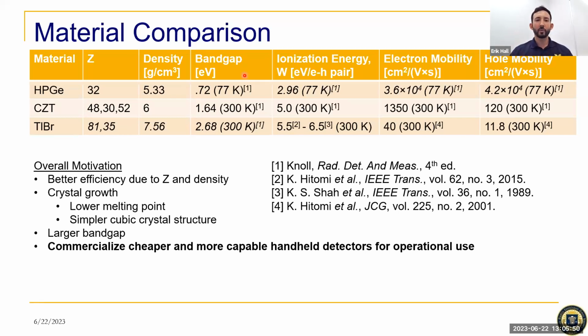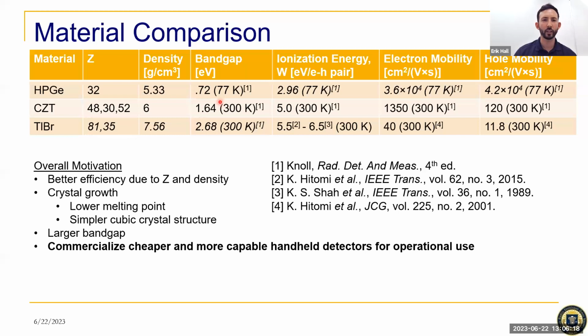If you know anything about high purity germanium, you know that it needs to be cryogenically cooled to about 77 Kelvin in order to be useful as a radiation detector. That's because it has a relatively small band gap of 0.72 eV. At room temperature, electrons can be thermally excited from the ambient temperature from the valence band to the conduction band, which will mask any radiation signals that you'll see from this material.